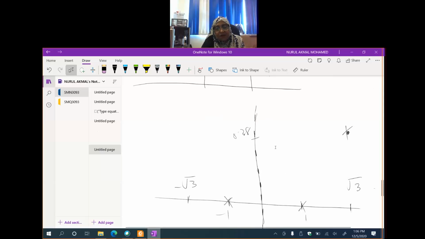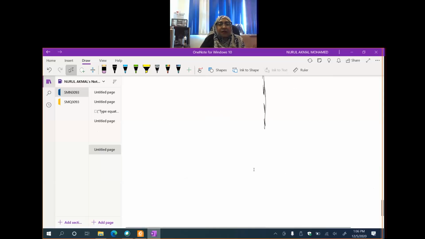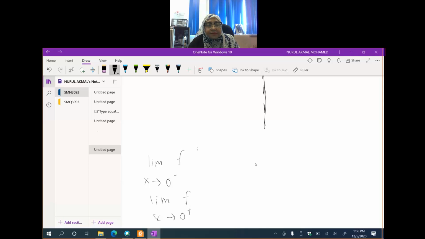This is the vertical asymptote. Since it has a vertical asymptote, we have to find the limit of f as x tends to 0 from the left, as well as the limit of f as x tends to 0 from the right. Can you please check for me?